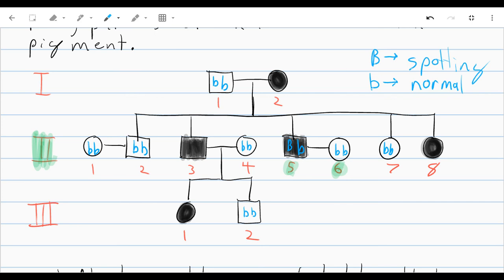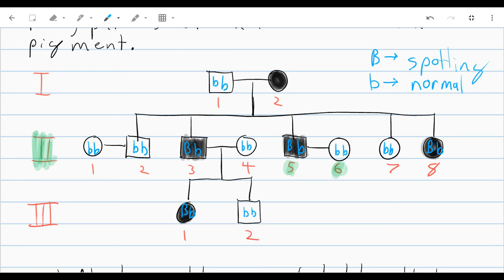We can make the same conclusion about his brother and sister as well. 2-3 has to be big B, little b, and so does 2-8. If you want to finish filling it out, we can also make the conclusion that 3-1 is big B, little b for the same reason. What about 1-2?